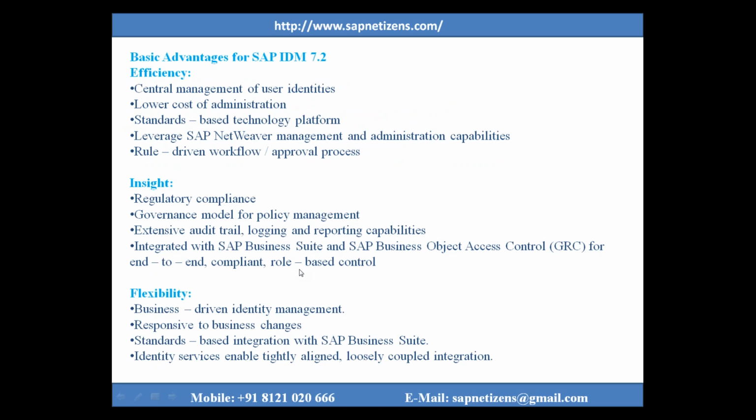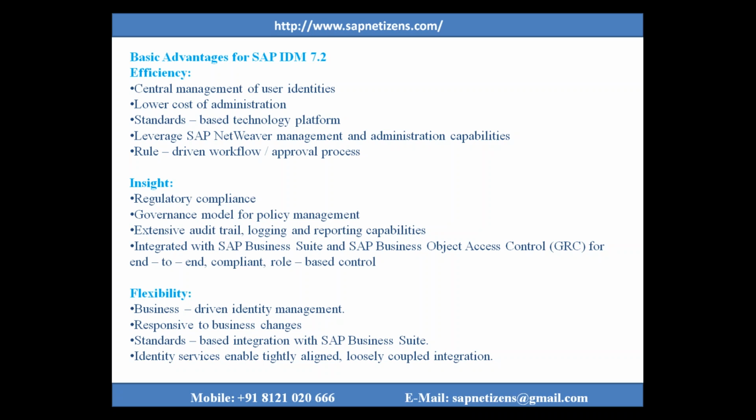Next is about the basic advantages of SAP IDM 7.3. The three major advantages are efficiency, insight, and flexibility. Efficiency means central management of user identity and lower cost of administration, standards-based technology platform, leveraging SAP NetWeaver management and administration capabilities, and rule-driven workflows and approval processes.